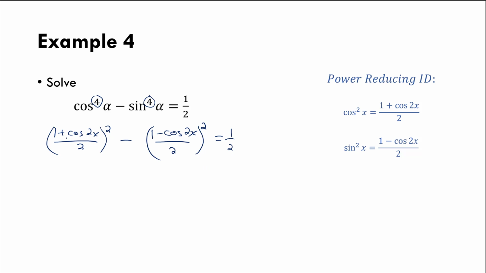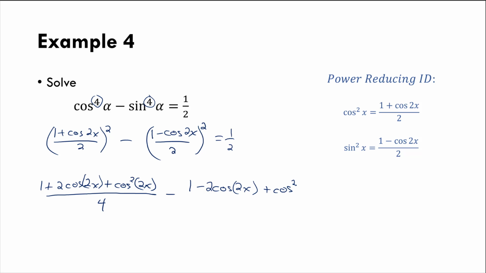So I'm going to go ahead and FOIL out these numerators. That's going to be 1 plus 2 cosine of 2x plus cosine squared 2x all over 4, minus 1 minus 2 cosine 2x plus cosine squared 2x all over 4.